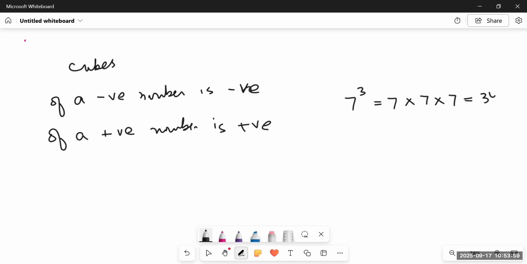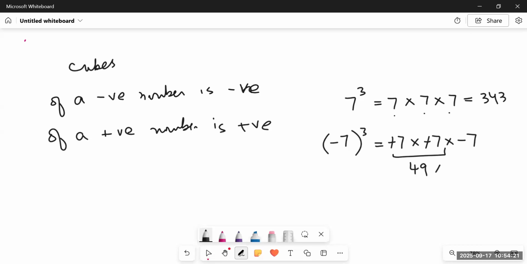That is 343. Since all three numbers are positive, the answer would be positive. That's obvious. But what about a negative number? If you are finding a cube of a negative number, it would be -7 multiplied by -7 multiplied by -7. So when we multiply the first two negative numbers, the signs cancel each other. So it becomes 49. But when we multiply it with the third negative number, since now we have the first number as positive and the second number is negative, the answer would be negative.